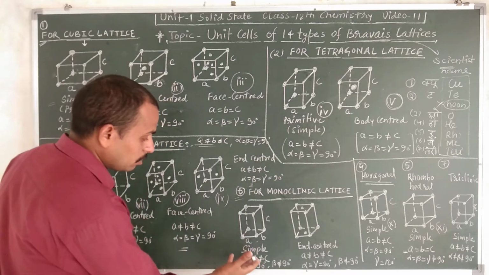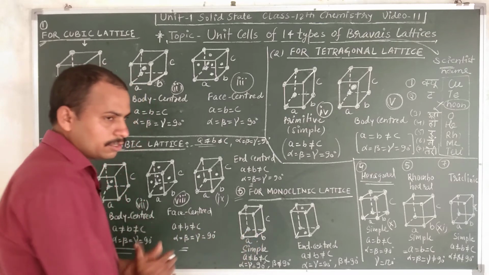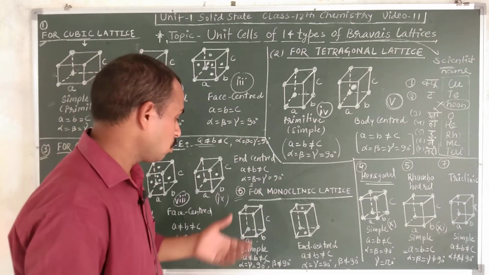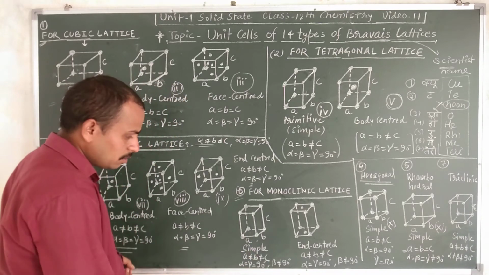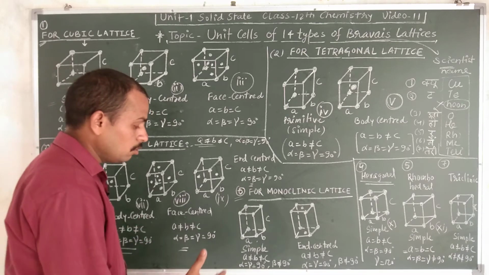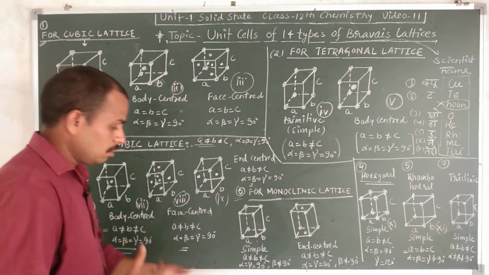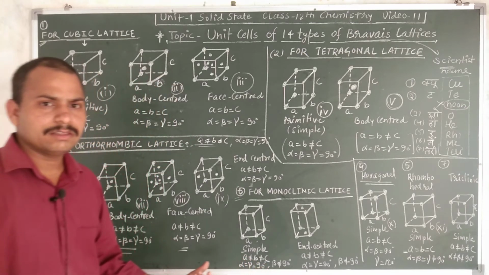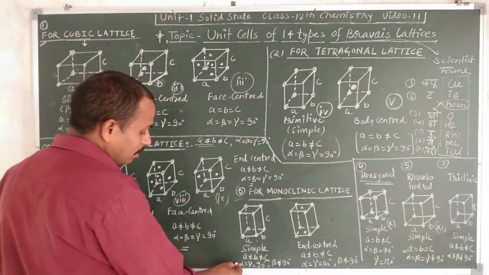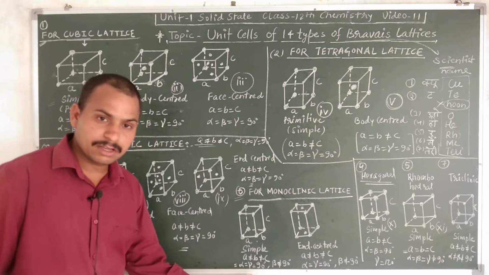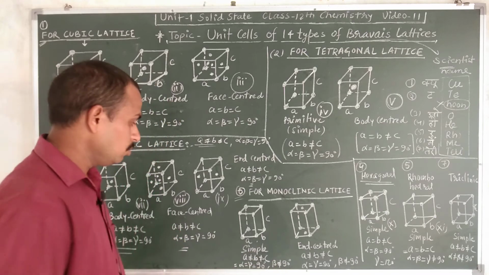In the simple unit cell, constituent particles are present at corners only. The axial lengths are not equal: A does not equal B does not equal C, so all three edge lengths are different. For axial angles, alpha and gamma equal 90 degrees, but beta is not equal to 90 degrees.